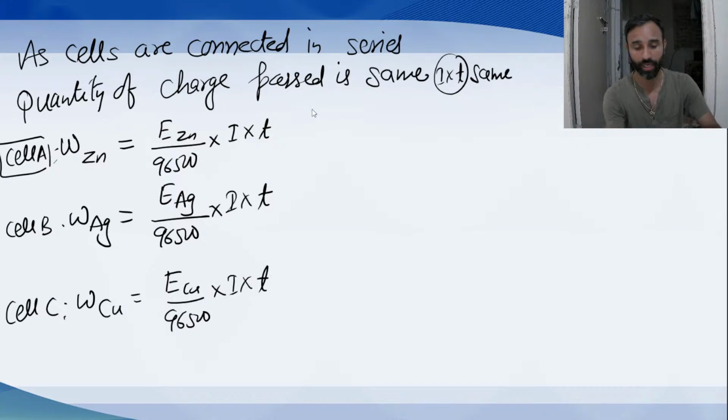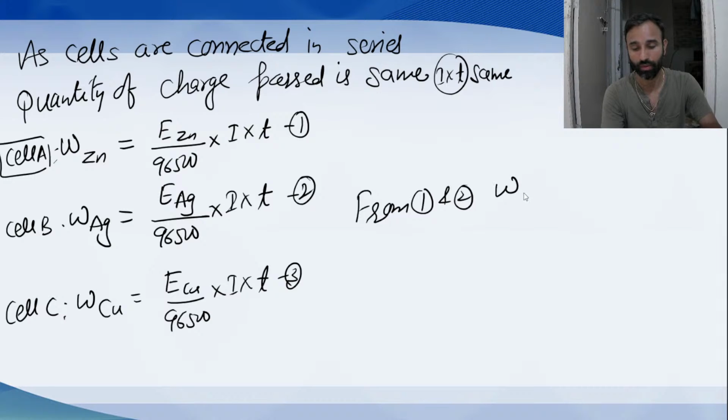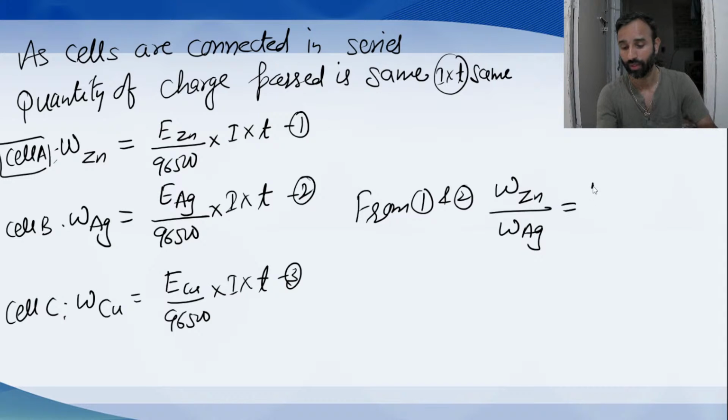So from 1 and 2, weight of zinc divided by weight of silver is equal to equivalent weight of zinc over equivalent weight of silver.